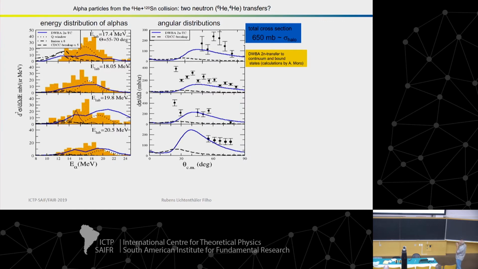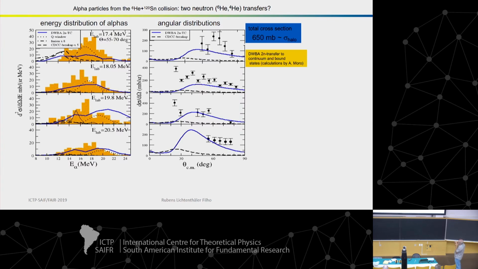On the other hand, if you calculate the breakup probability, which is done by the CDCC calculation here, you see that the prediction for the breakup lies well below the maximum of the experimental yield. So the prediction for breakup does not reproduce what we see here.